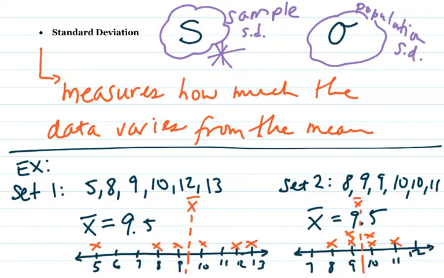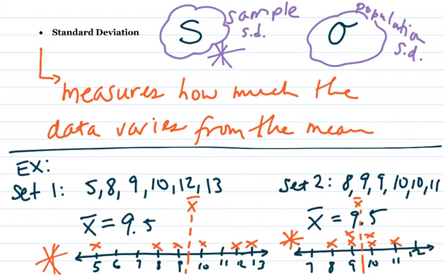We can represent these sets on a number line. I've drawn a dashed line through the 9.5 mean value and then put X's above each value from the data set. So here's what we have. We have an example where things are very spread out, in the example on the left. And on the example on the right, we have things much more condensed around the mean.